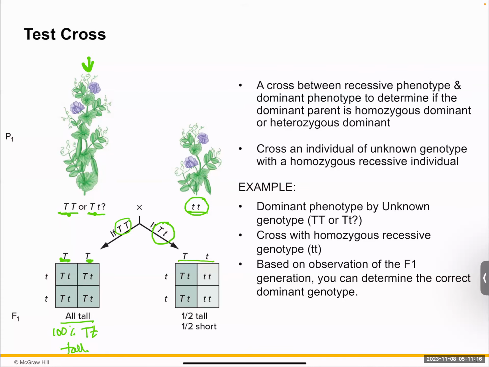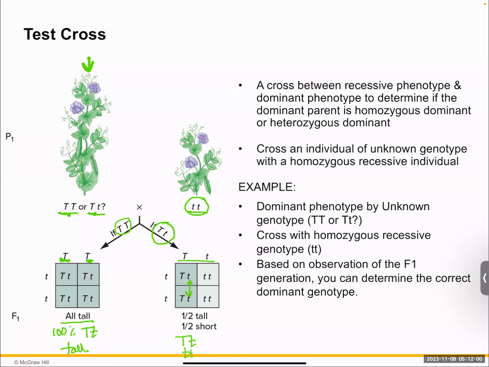Half of your offspring will have a genotype of Tt, and the other half will have a fully recessive genotype, because the parents both have at least one copy of the recessive gene being passed down, which means half of those will get 2 copies of the recessive gene, and therefore would represent a true-bred plant with short characteristics, and the other half are going to be heterozygous dominant with tall characteristics.